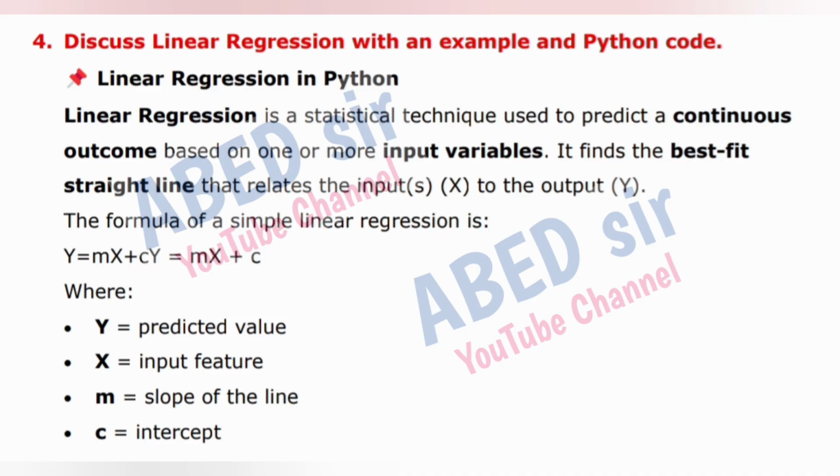The formula of simple linear regression is y is equal to mx plus c, where y is the predicted value, x is the input feature, m is the slope of the line, c is the intercept.